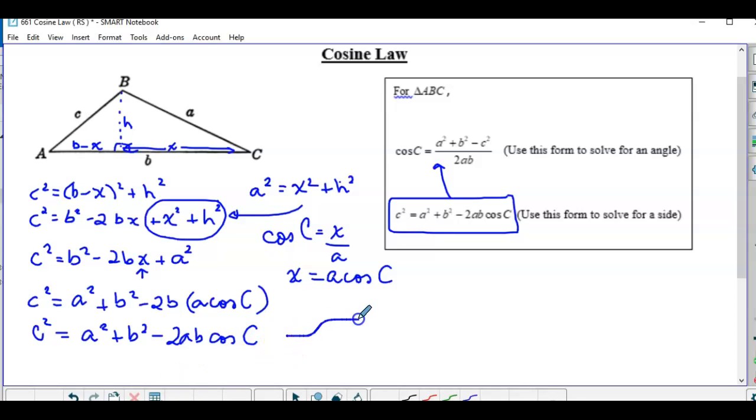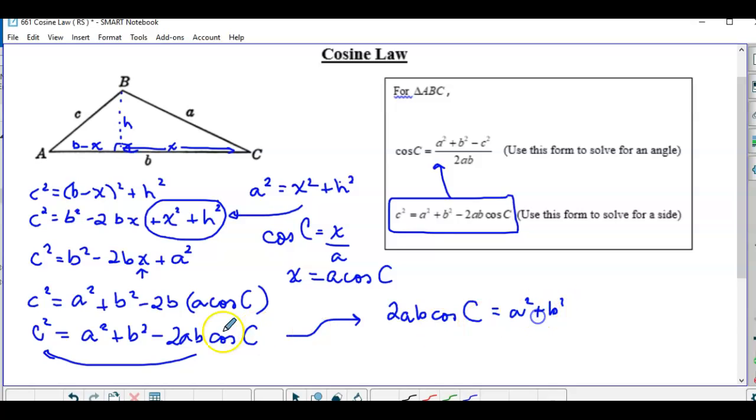Okay, and then to get cos of C by itself, we would want to bring all the other terms over. Actually, what is easiest is because this term is negative, okay, then I'm going to bring this term to the left and the c squared to the right. So I'm going to have 2ab cos C equals a squared minus b squared.